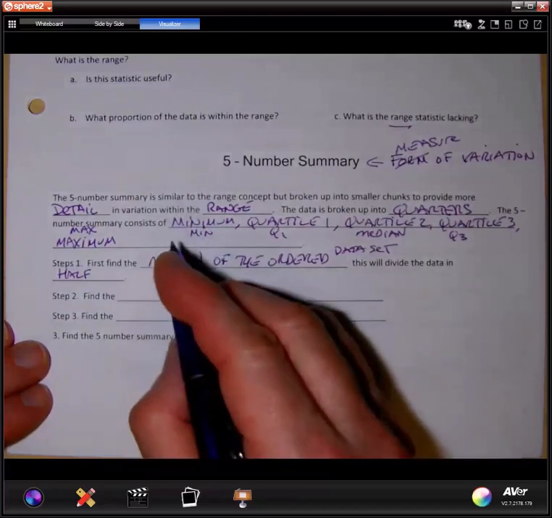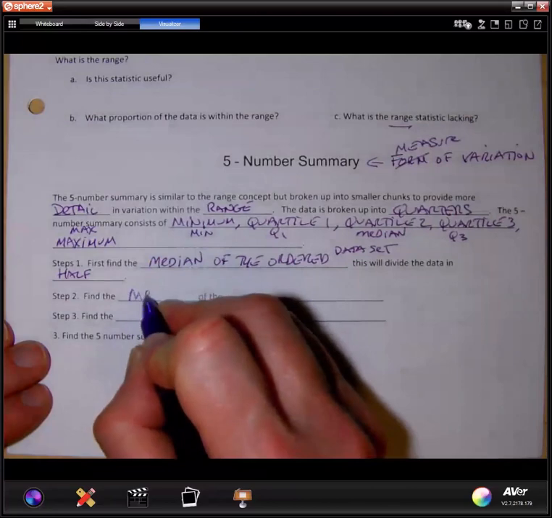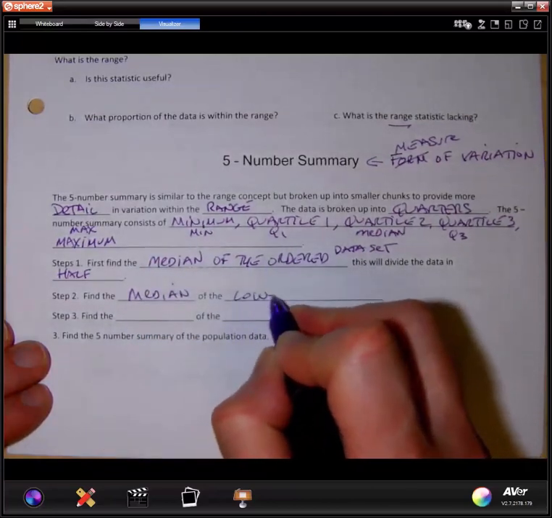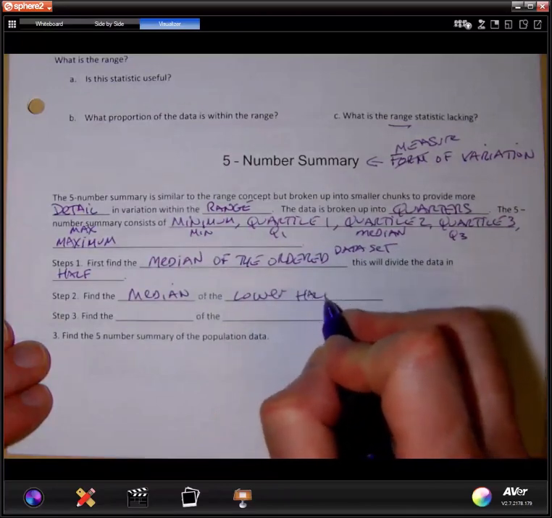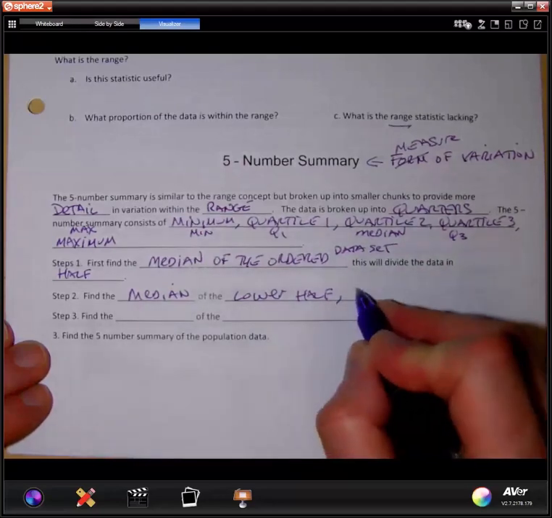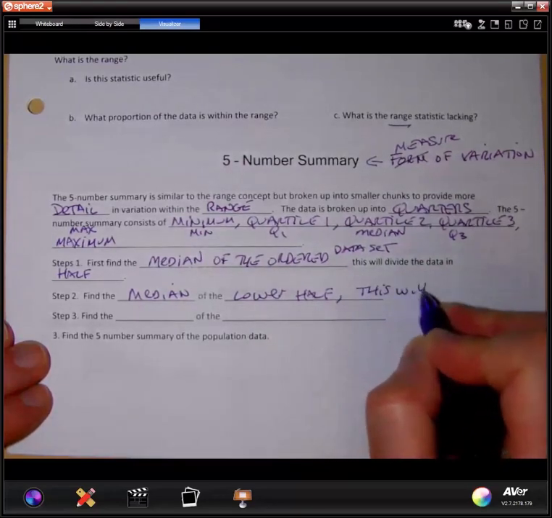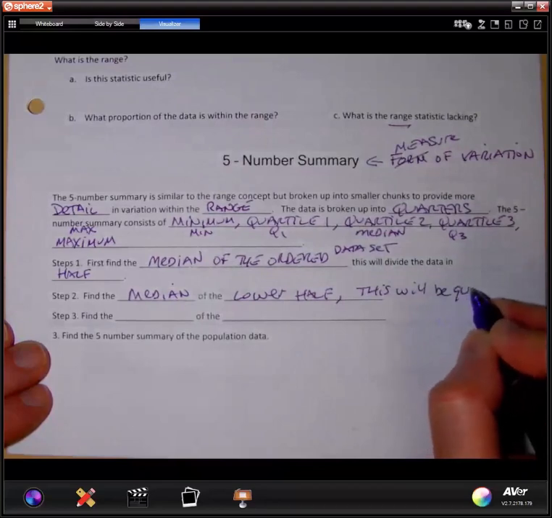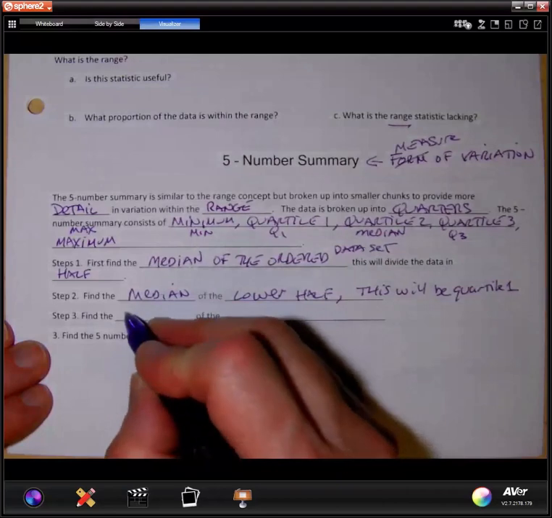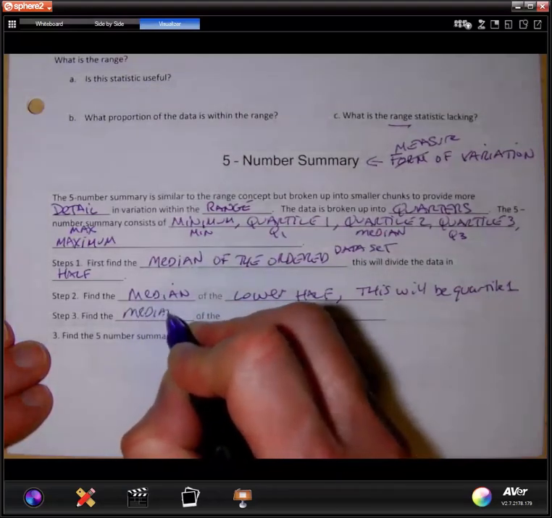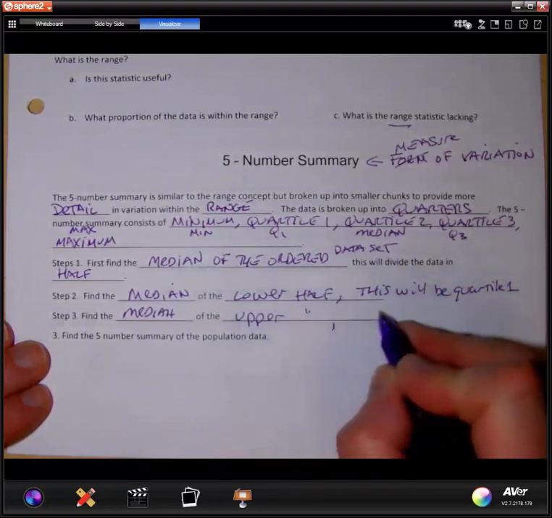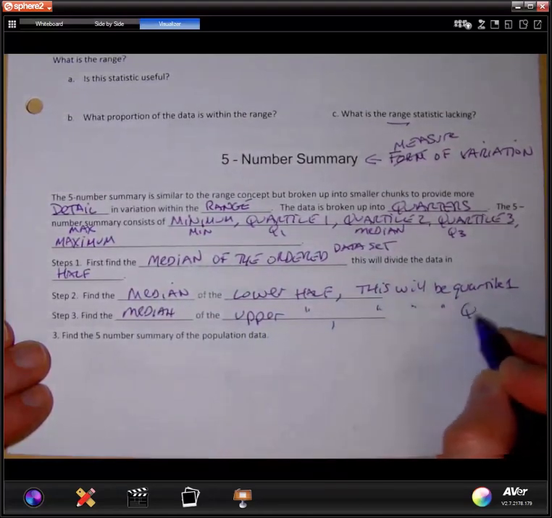Step 2 is find the median of the lower half. This will be quartile 1. Then the other step is find the median again, but of what? Of the upper half. This will be quartile 3.